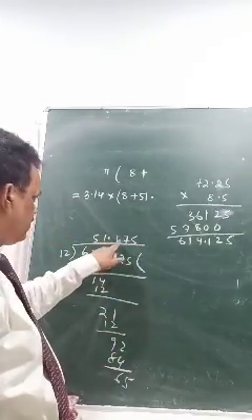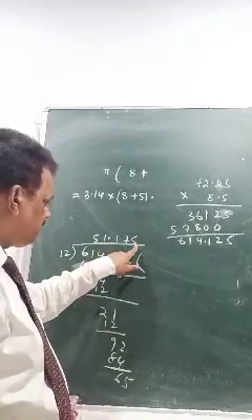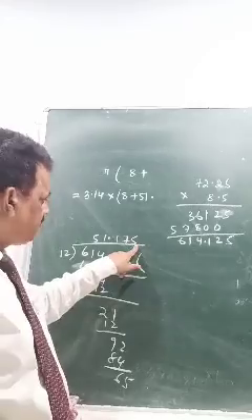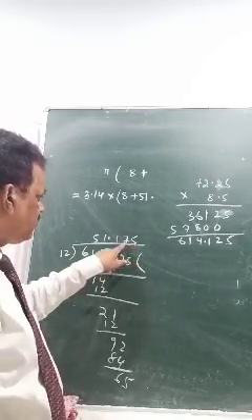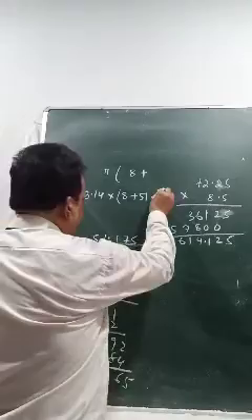To two places, 175: 5 is half of 10, so add one to this, and 17 will become 18.